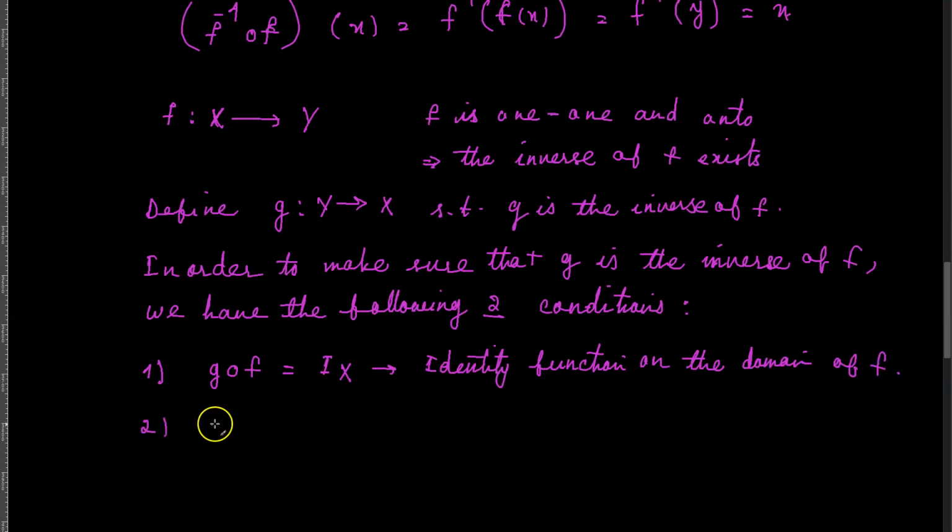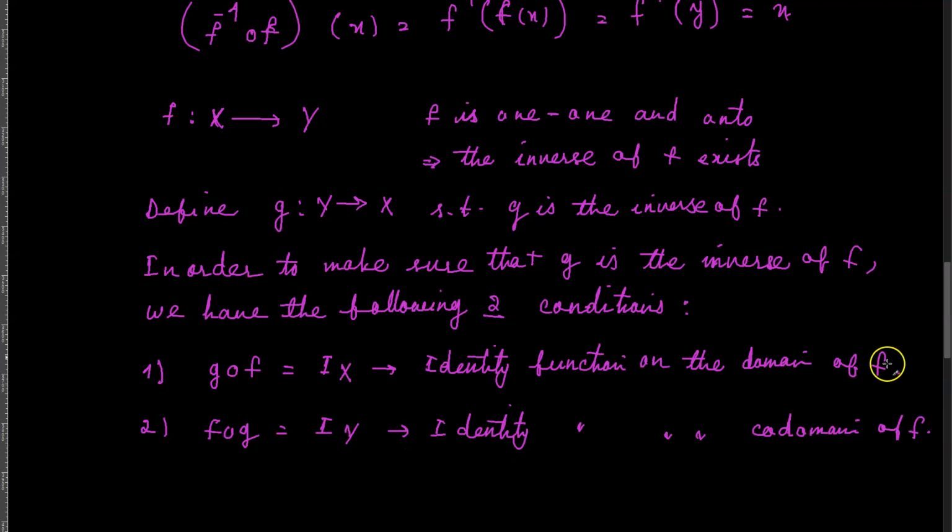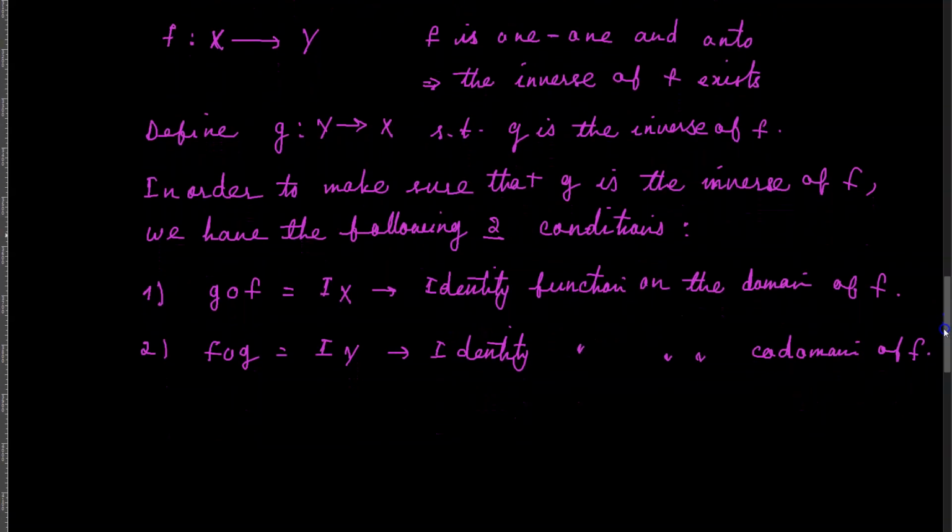And number 2, f of g has to be equal to I of y, which is the identity function on the codomain of f, right?